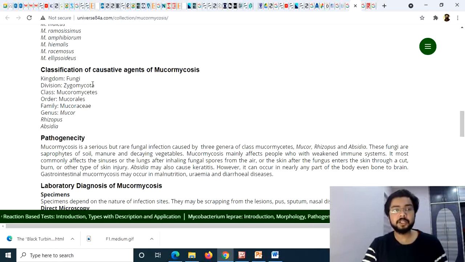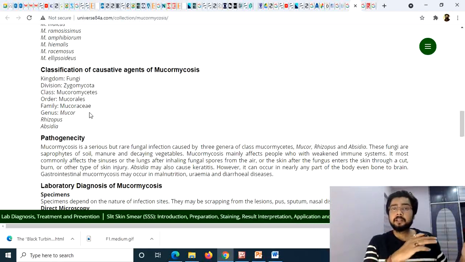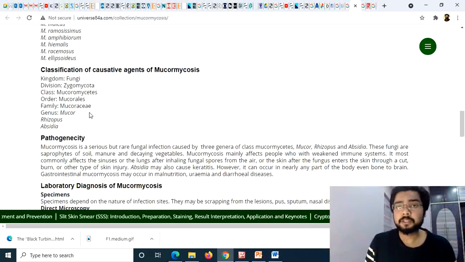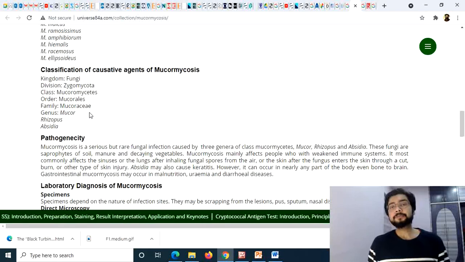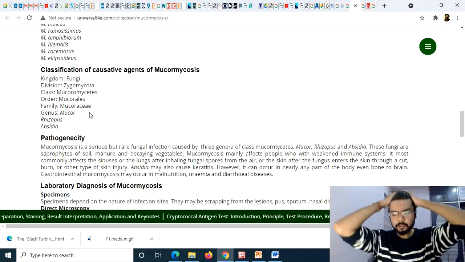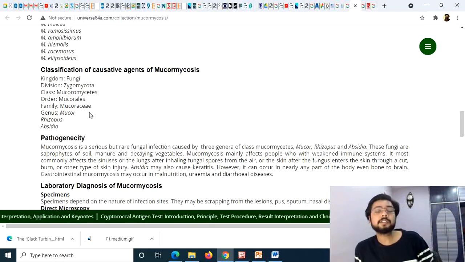The kingdom is fungi, division is Zygomycota, class is Mucormycetes, order is Mucorales, family is Mucoraceae, and genus is Mucor. There are 3 different organisms that you will get in mucormycosis: not only Mucor, but Rhizopus and Absidia also cause mucormycosis.